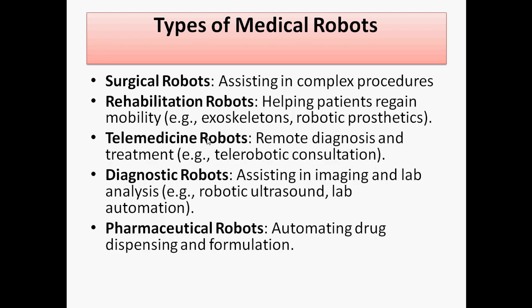We use automated systems and then formulate the diagnostics robots. The next is pharmaceutical robots, an important area, because we can automate drug compounding and use it in pharmaceutical formulation. So we are using pharmaceutical robots. These are the different medical robots available to us.